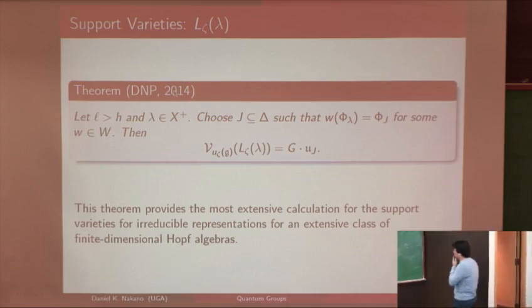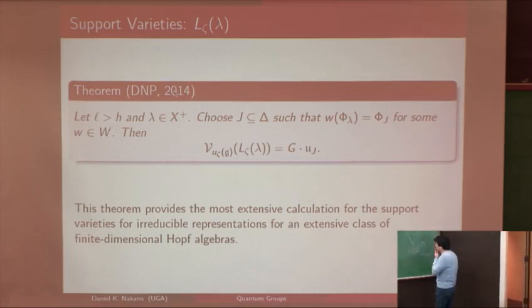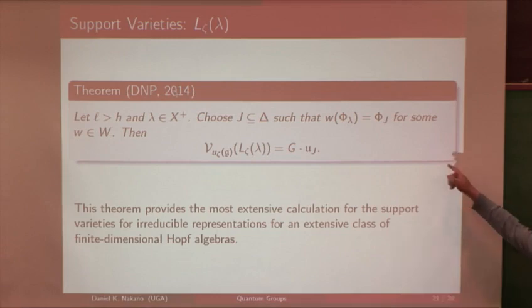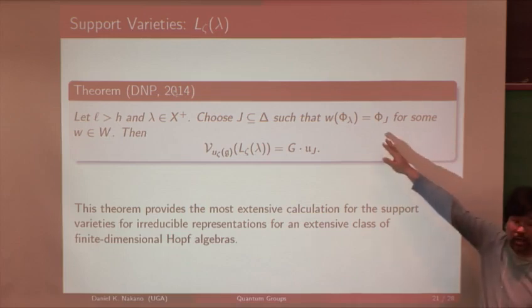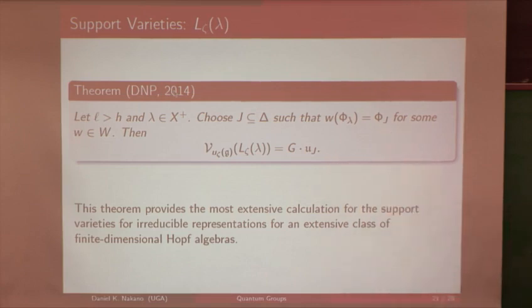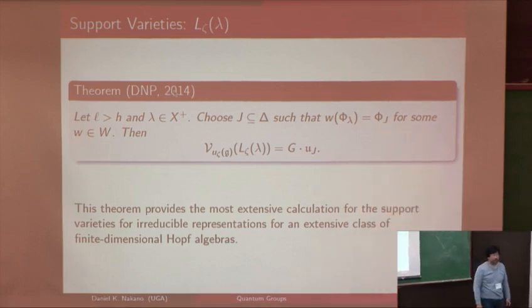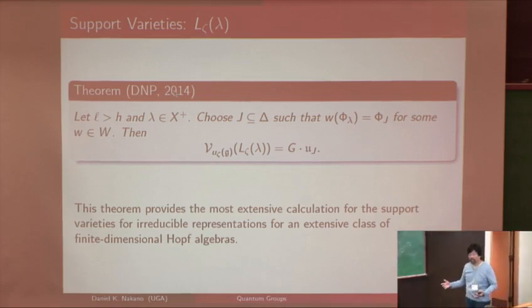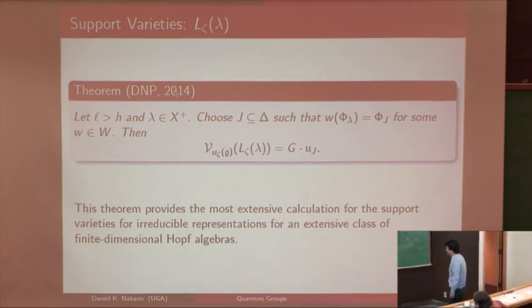Okay, so this is the theorem that we proved. So we proved that the answer is the same. When you have L being bigger than H, then the support of the irreducible representations just depends on the stabilizer up here. And it's the closure of this Richardson orbit. Now, the nice thing about this theorem is that support varieties have been around for like 30 years, maybe almost 40 years, and there are not many calculations of support varieties.